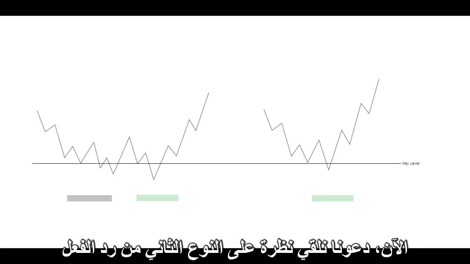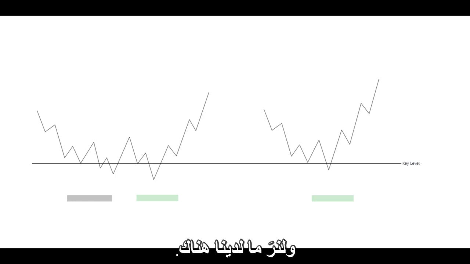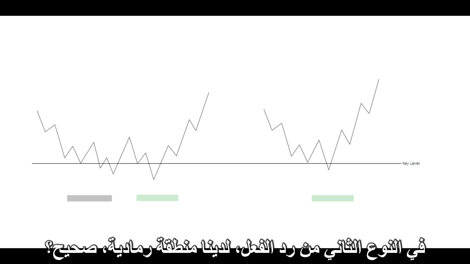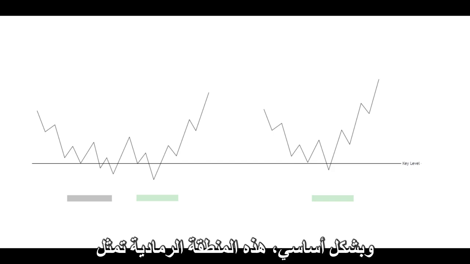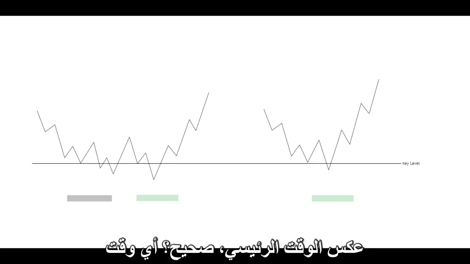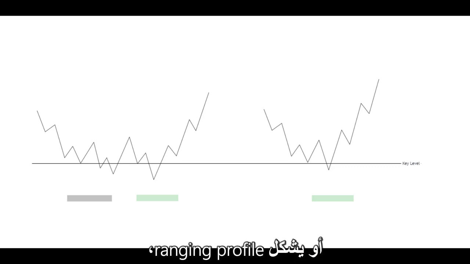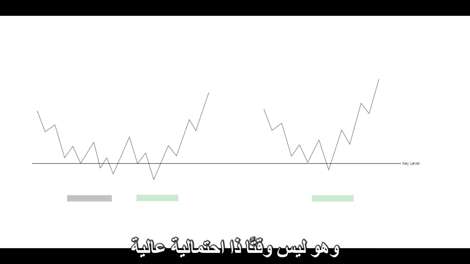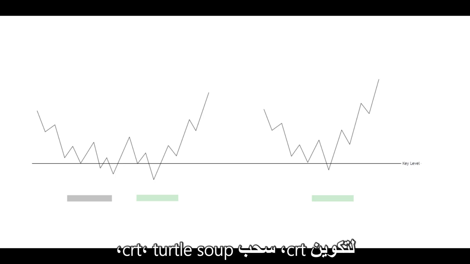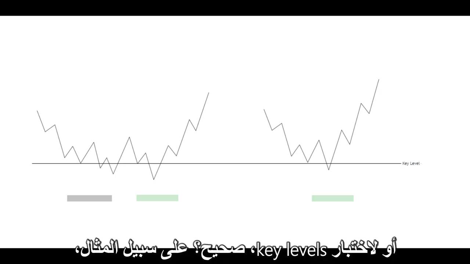Now let's look at the second type of reaction and let's see what we've got there. In the second type of reaction, we've got a gray area, right? And basically this gray area represents the opposite of a key time, right? Meaning a time where price usually just consolidates or forms a ranging profile, and isn't a high probability time for CRT formation, CRT purges, turtle soup, or for testing key levels, right?